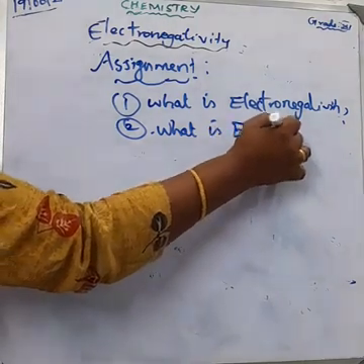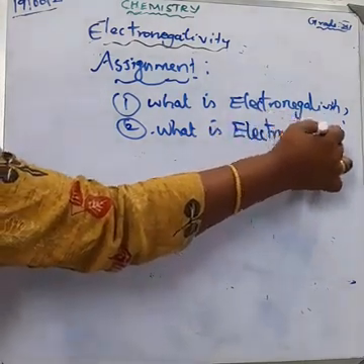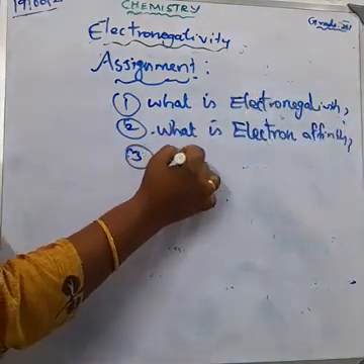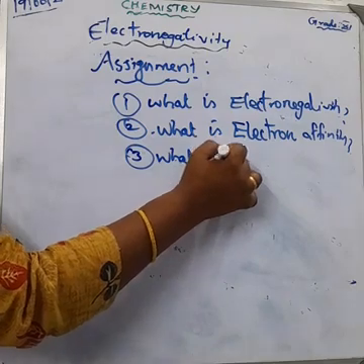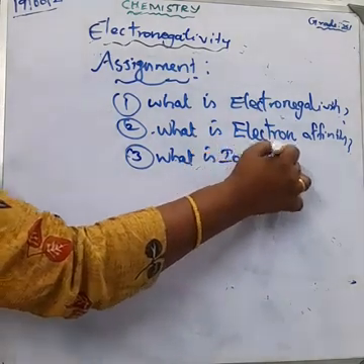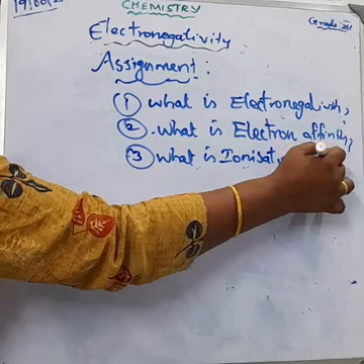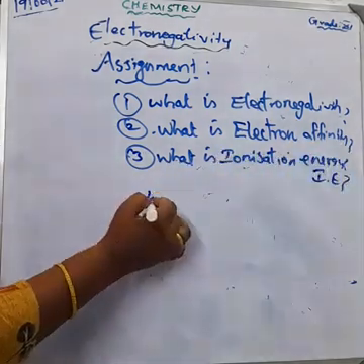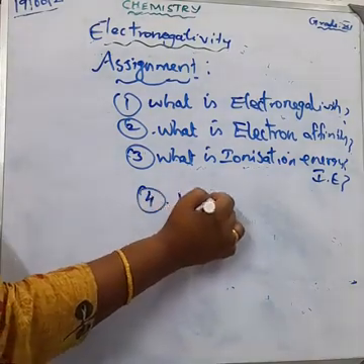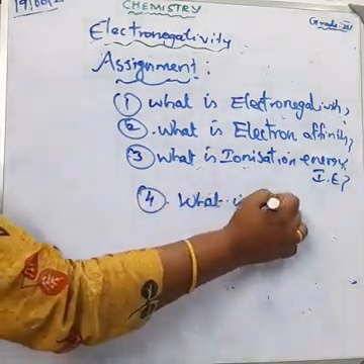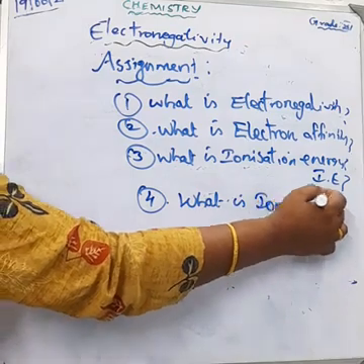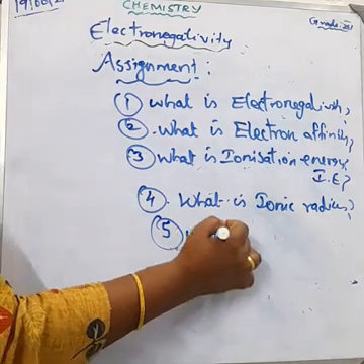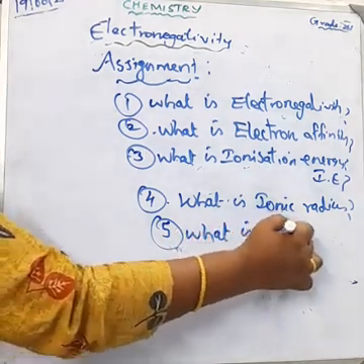Question number 3, what is ionization energy, abbreviated as IE? Fourth question, what is ionic radius? And fifth question, what is atomic radius and covalent radius?